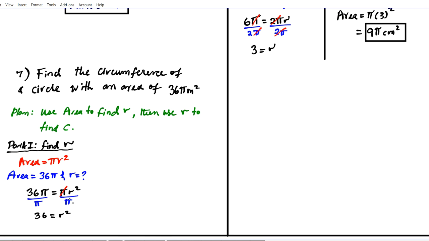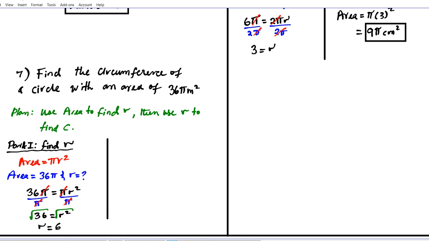And then to get r isolated, we take the square root of both sides, because the inverse of square is square root. You can do this by thinking about what you multiply by itself to get 36, and that's the answer. The radius is 6 meters. Bam. All right? So that's the intermediate answer.